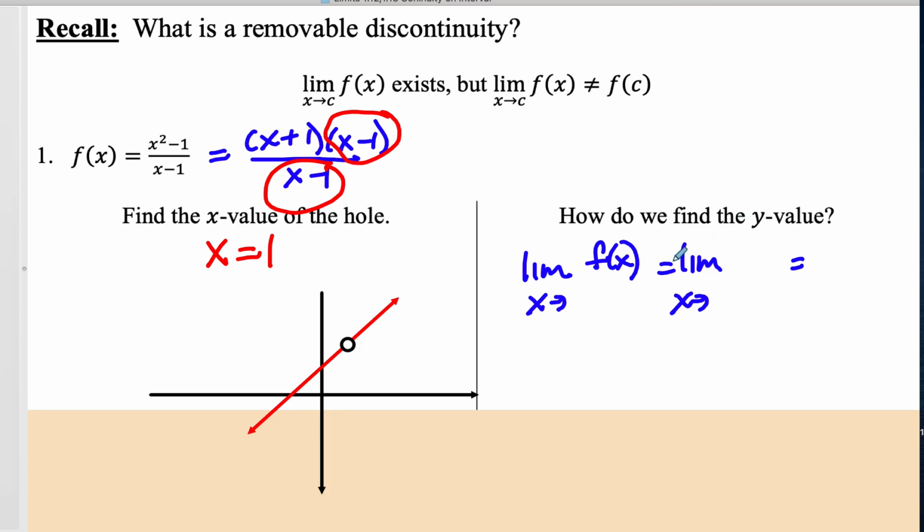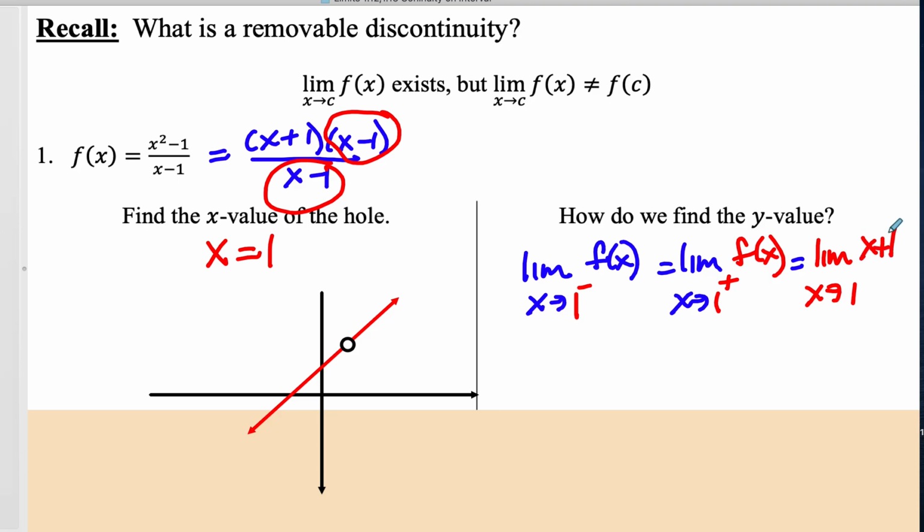For the y value at the hole, we're trying to approach 1 from the left side, and we want to make sure we find it from the right-hand side of f of x. We want to see what it equals. We remember that this is the line x plus 1, so we're looking at the limit as x approaches 1 of x plus 1.